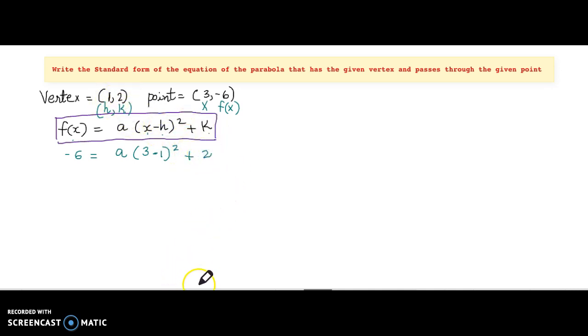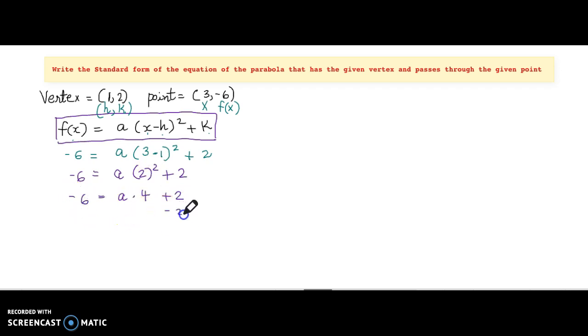Now this equation we can solve for a. So 3 minus 1 is 2, squared, plus 2, and bring down the -6 here, which is equal to a times 2 squared, which is 4, plus 2.